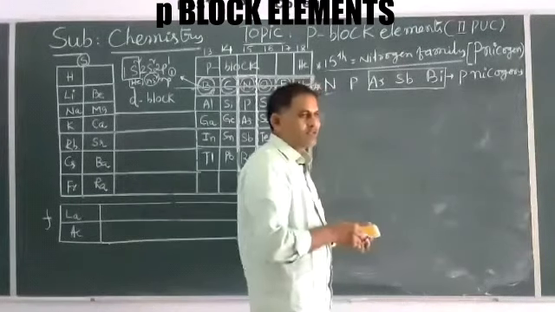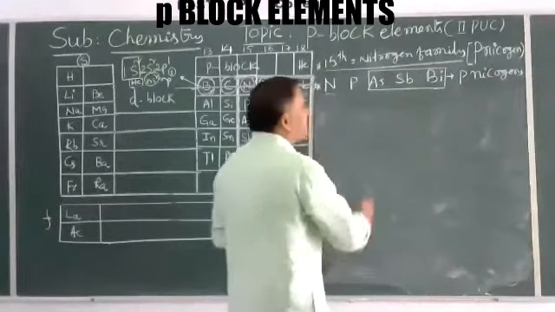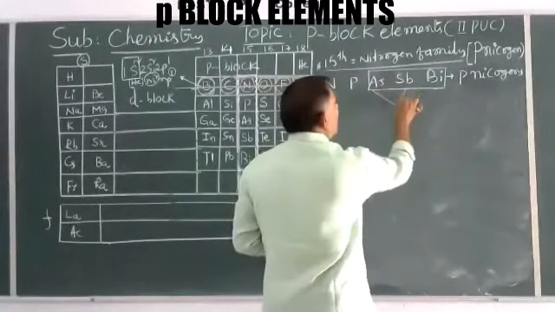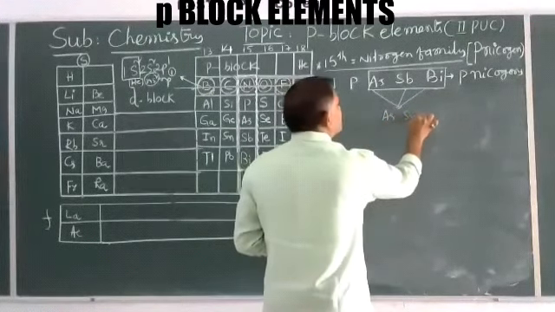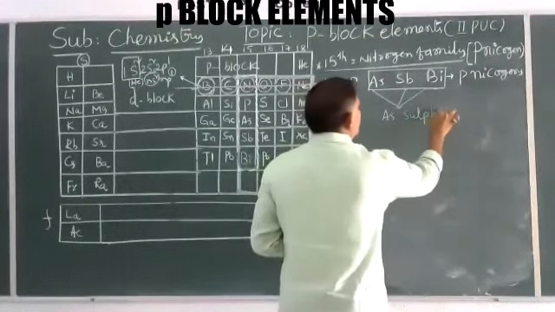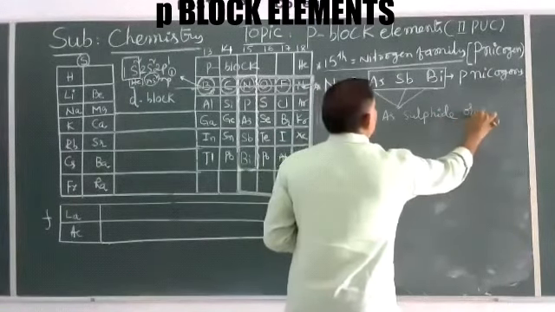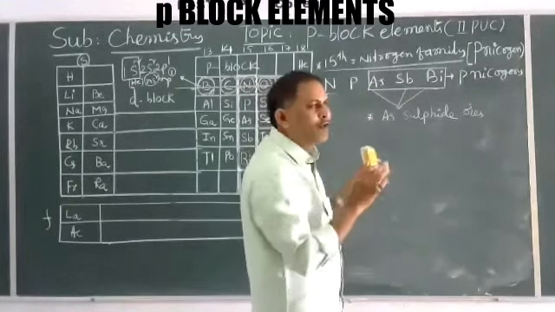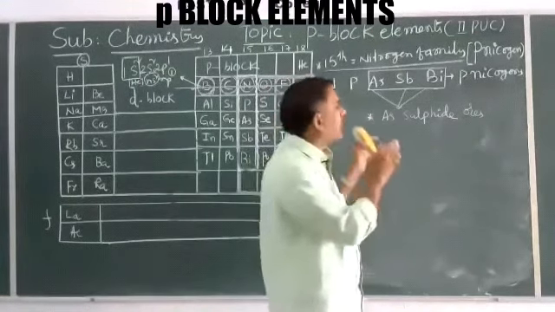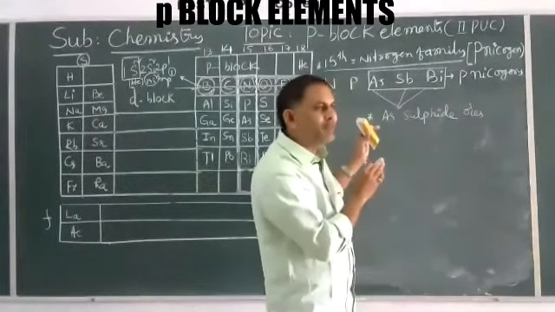All three are available as sulfide ores. These important minerals and ores you should collect from each and every unit, whether metallurgy or some p-block elements or any groups. In objective, they'll create some important questions.